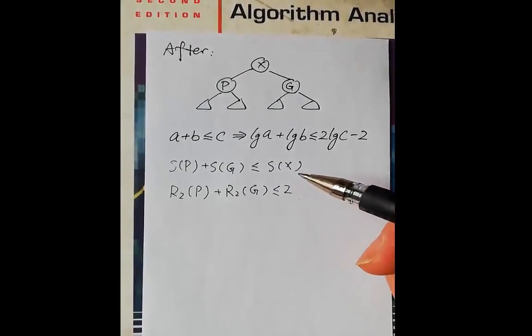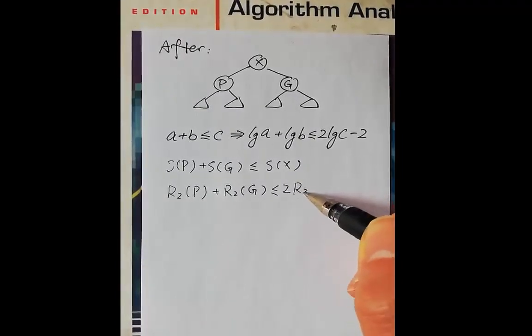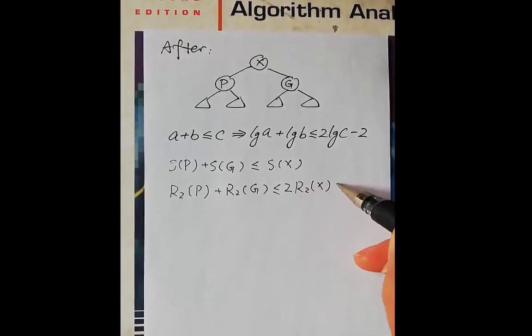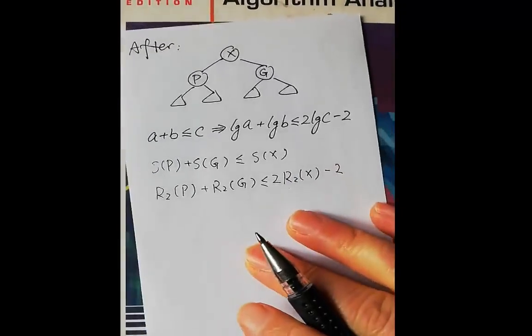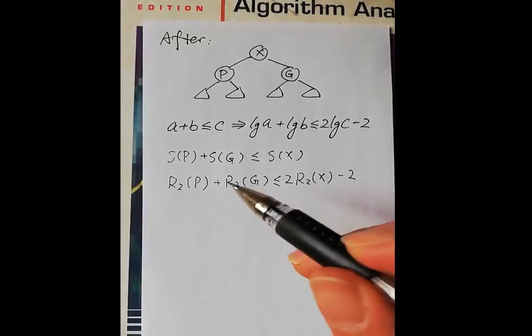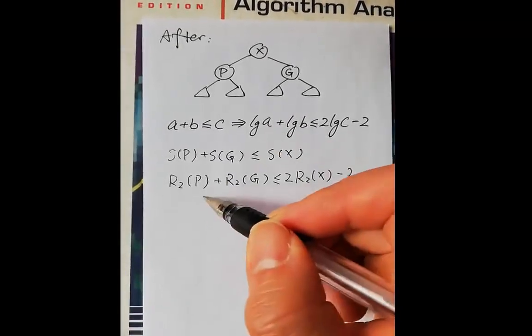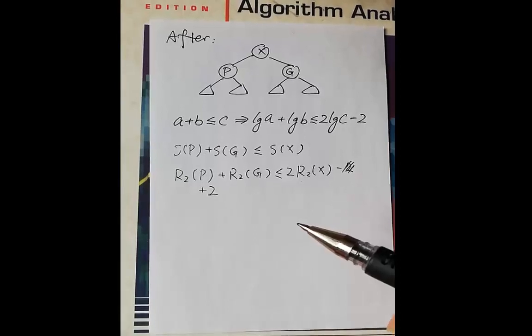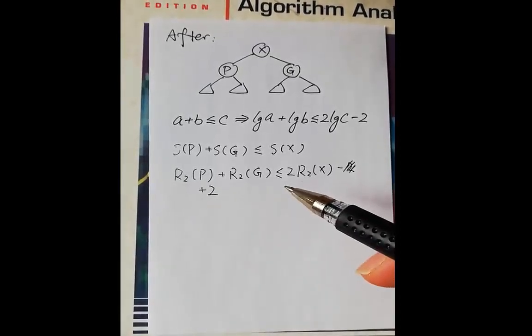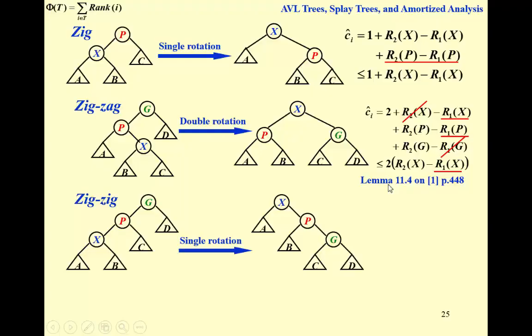Log C, that is rank 2 of X, then minus 2. Now let's move this negative 2 to the left-hand side of the inequality. That's plus 2. Let's add 2 to both sides, so we obtain the inequality that we need. So finally, we obtain this inequality saying that in the zigzag case, the amortized cost is bounded above by 2 times the after rank of X minus the before rank of X.